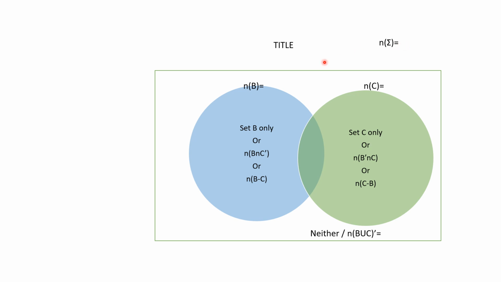Then the universal set. Where is set B? The whole of this. Where is set C? The whole of this. Then here in between, those are the elements which belong to set B and set C.